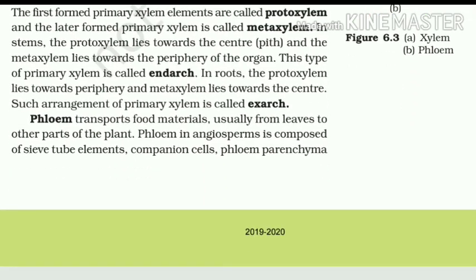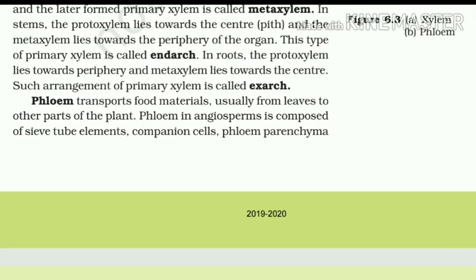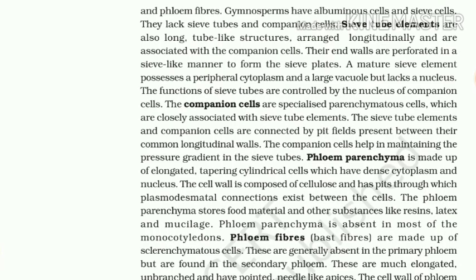Guys, basically transport of food materials generally occurs through the phloem. We all know about it. Basically it is composed of sieve tube elements, companion cells, as well as phloem parenchyma. These are the parts it consists of, and phloem also consists of phloem fibers.